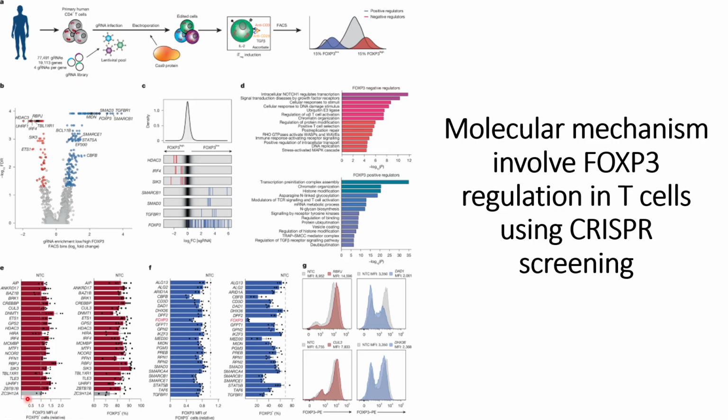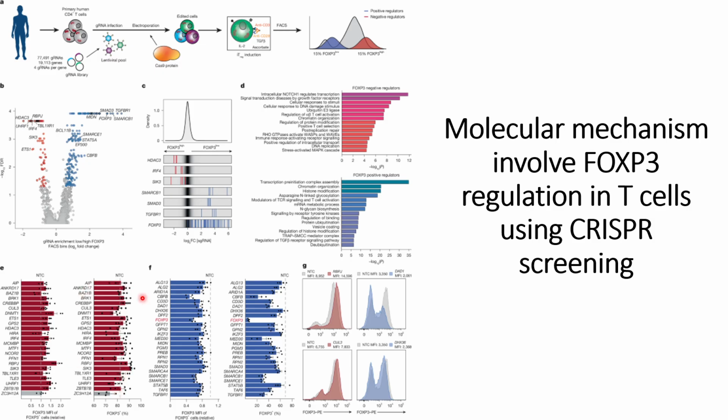In general, they found that the genes known to be negative regulators in the CRISPR screening pool have low FOXP3 expression, and the genes identified as positive regulators are known to have high FOXP3 expression.